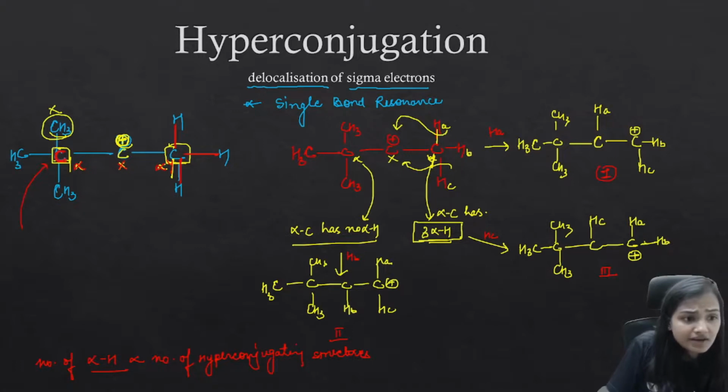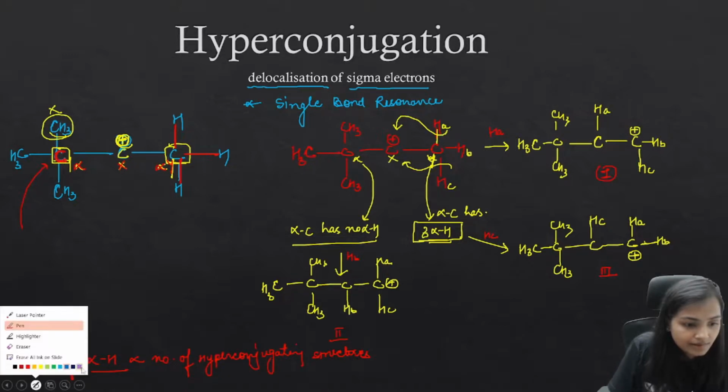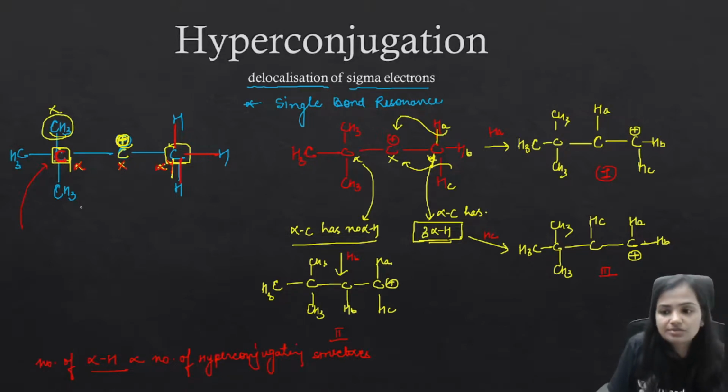Why? If I put a positive charge over this particular carbon, let me change the color so that there would be no confusion. This question is not about the stability of carbocation first. Whenever I talk about this particular carbon with a positive charge, who will be the alpha? This will be the alpha, this will be the alpha, this will be the alpha, and this also will be the alpha.